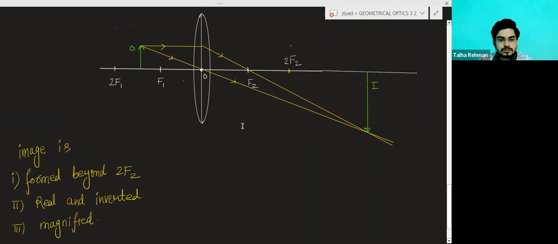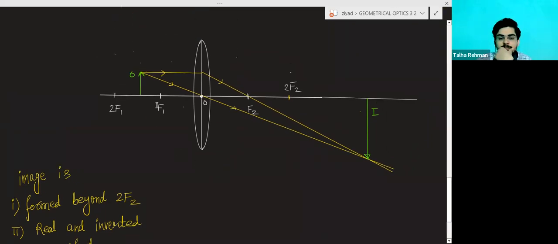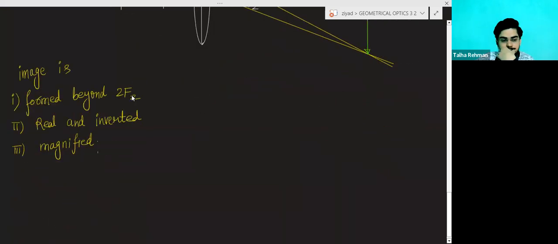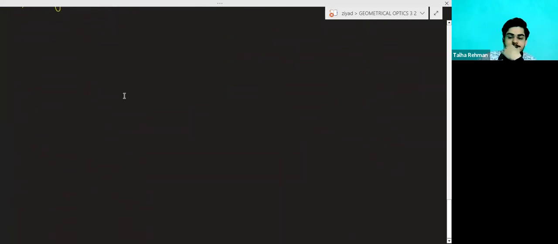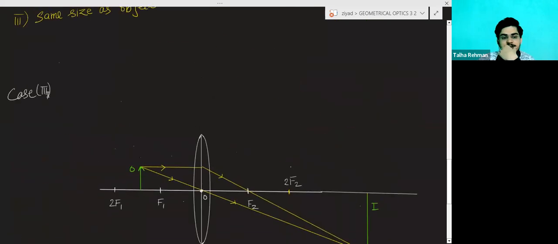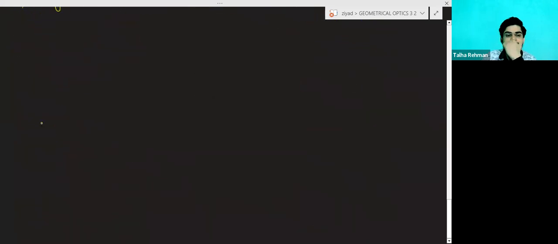Now I will place the object at focus, F1. This is case number three, the object between 2f1 and f1. Case number four we will discuss now.